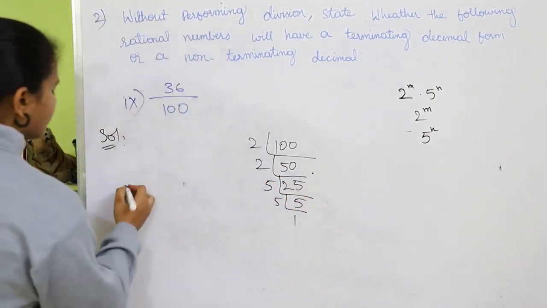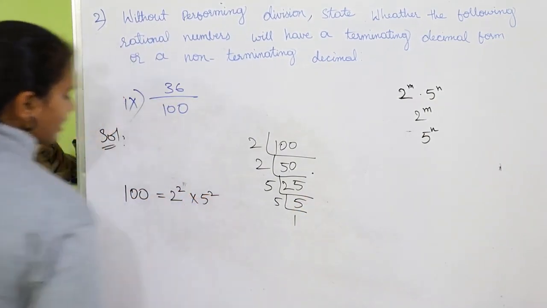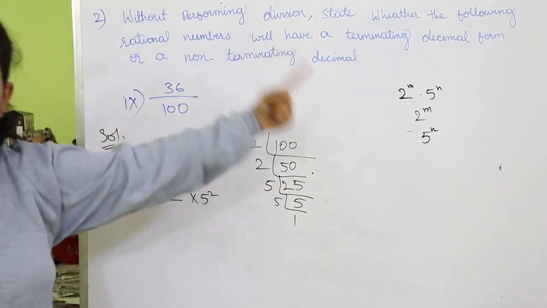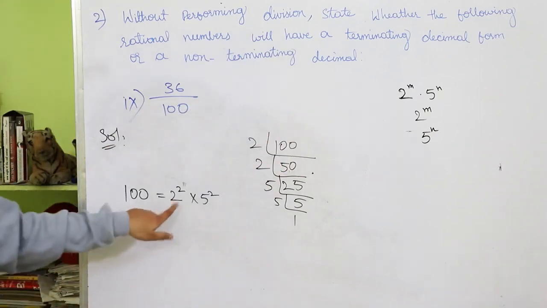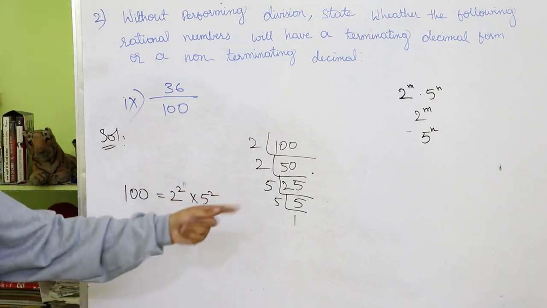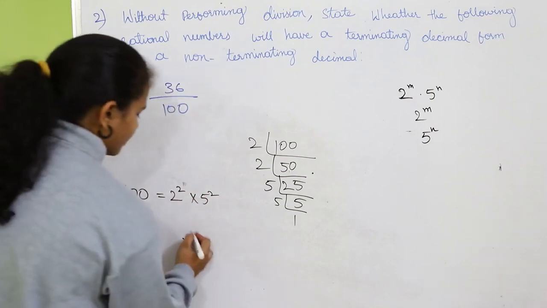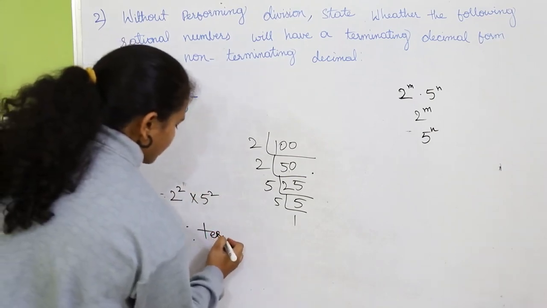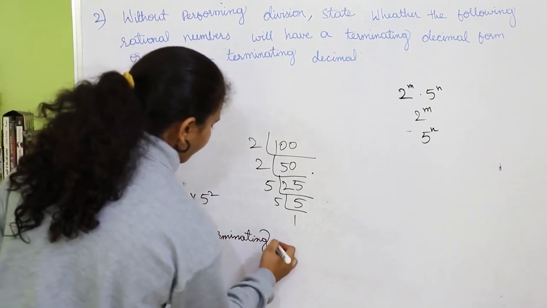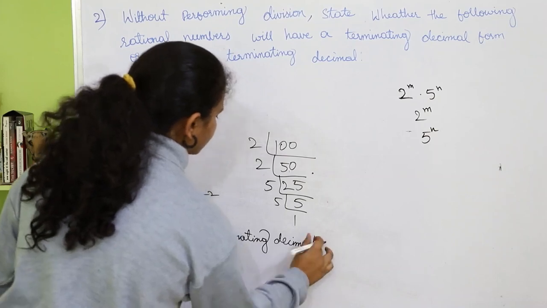So 100 equals 2 square into 5 square. This is of the form 2 power m into 5 power n, with power 2 on each. So this becomes a terminating decimal. Are you getting it? Clear?